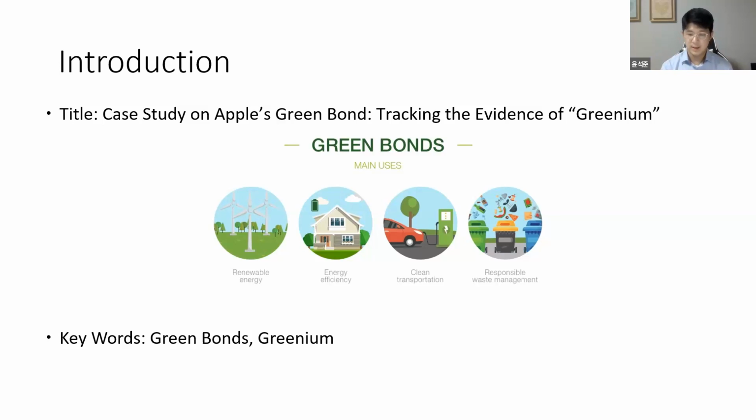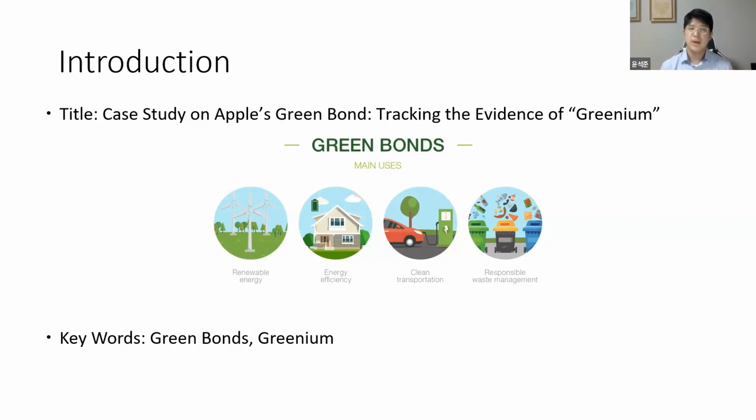These bonds are typically used to finance projects or initiatives that have a positive impact on the environment, such as renewable energy, energy efficiency, clean transportation, carbon emission reduction or responsible waste management, all those kinds of things that give a beneficial impact to the environment itself.